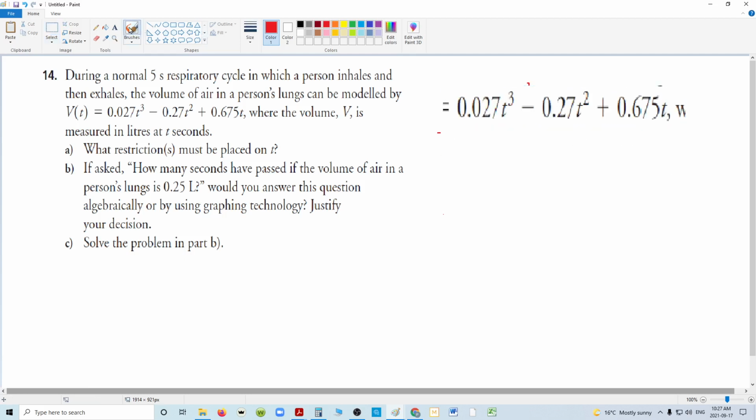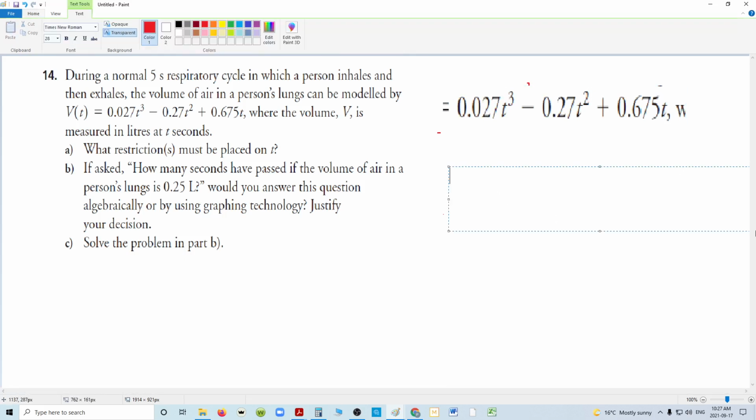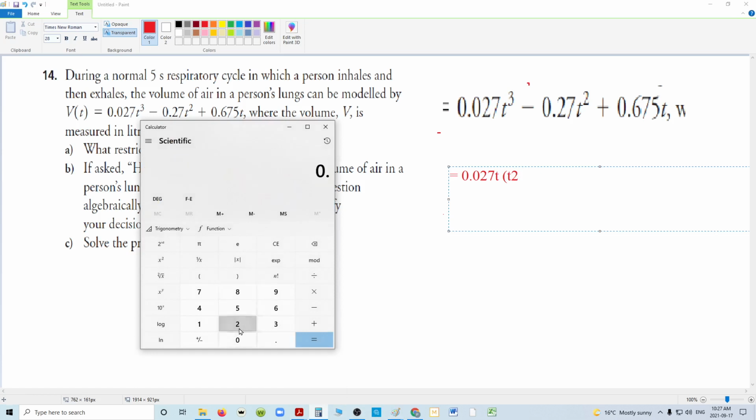And we're going to factor out what happens when I factor out 0.027t out of everything. The first one becomes t squared. What happens when you take negative 0.27 and you factor out 0.027?